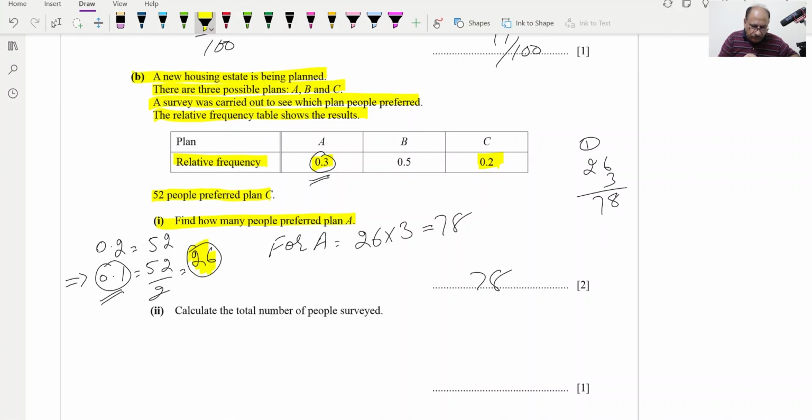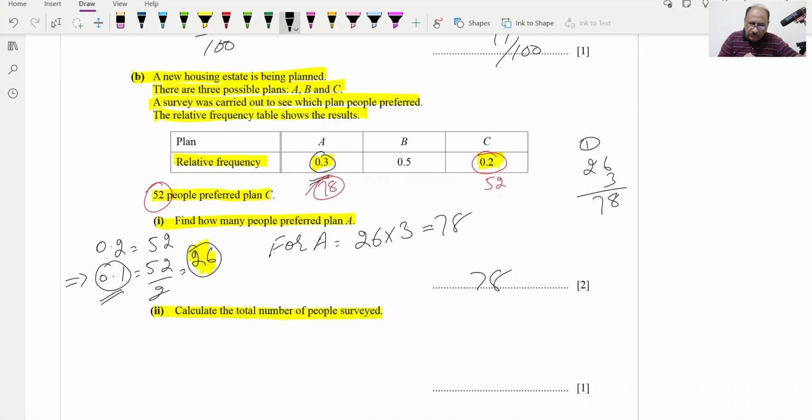Similarly, second part, calculate the total number of people surveyed. For the total number of people, we calculated for C, which is given as 52. So 52 for this one, and we have calculated for A, which is 78. Now if we calculate for B, then we can add these three categories.